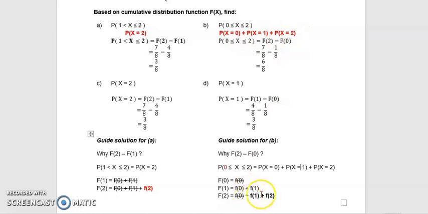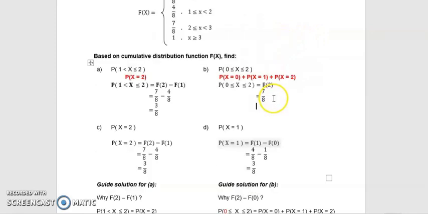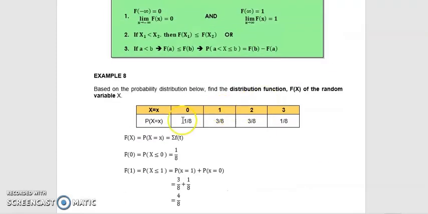This question is given by the cumulative f2 only. So the answer will be 7 over 8, because we want values from 0 until 2. Based on the probability distribution, 1 over 8 plus 3 over 8 plus 3 over 8, up to x equal to 2, we get 7 over 8.